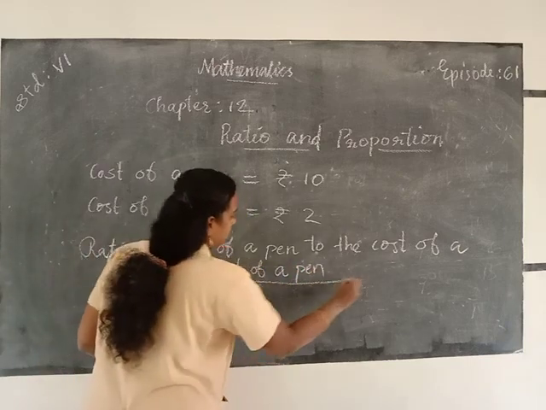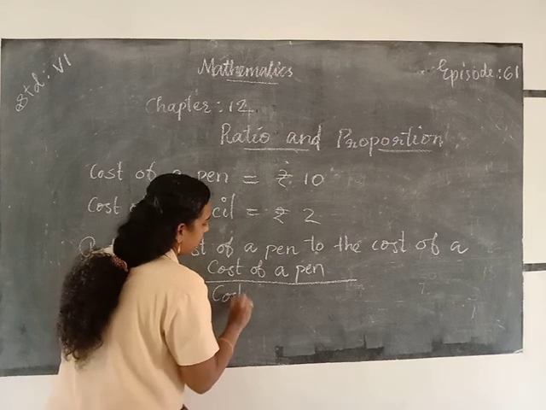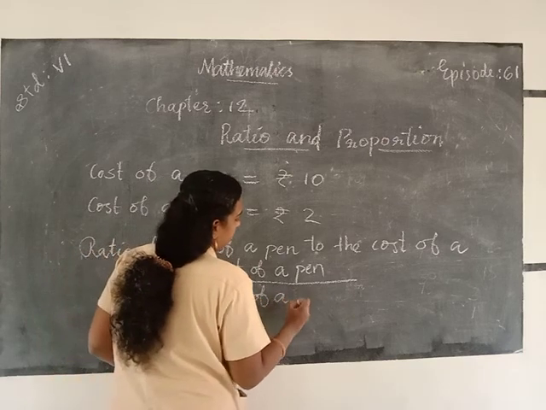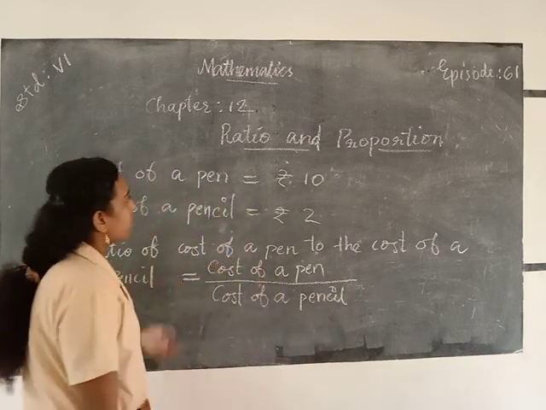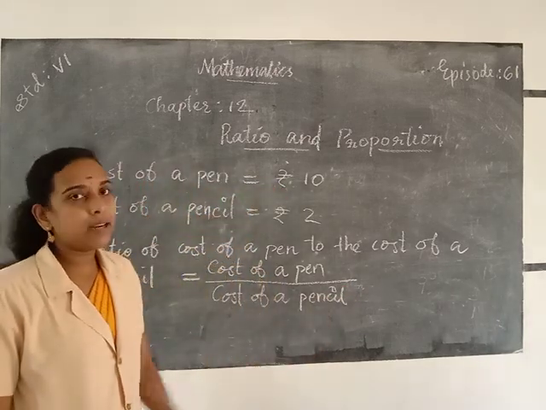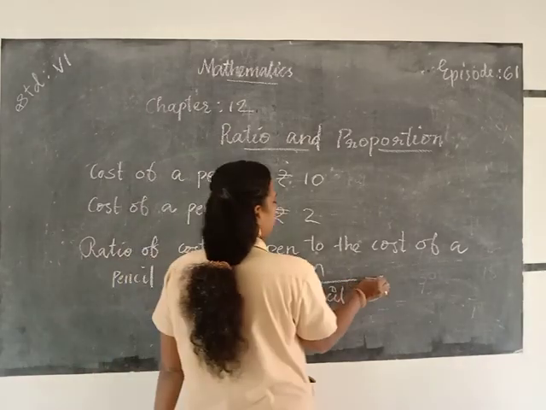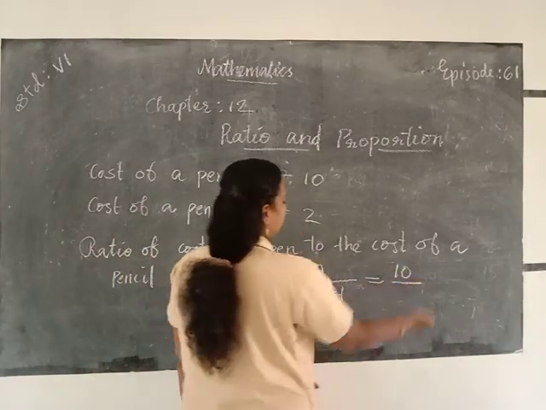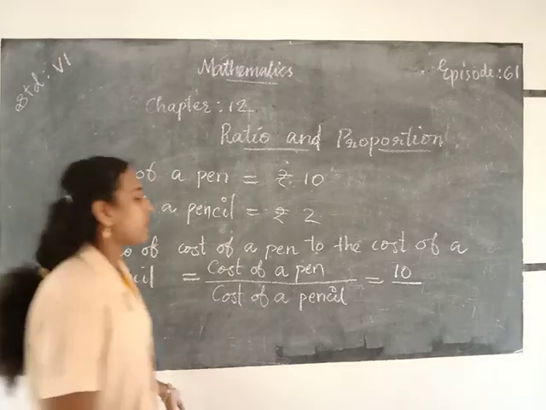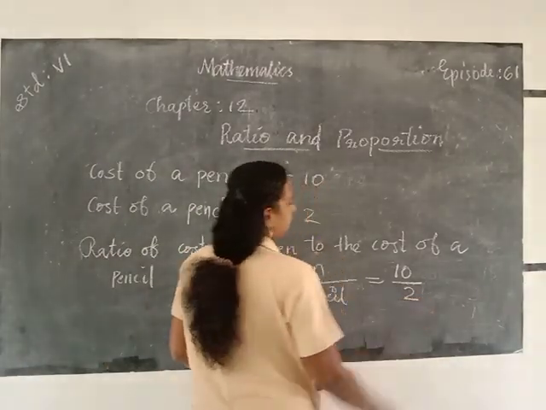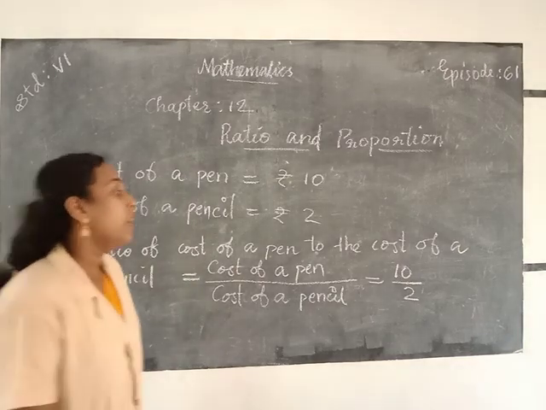Cost of a pen divided by cost of a pencil. Here cost of a pen is equal to 10 rupees. So you write cost of a pen, that's equal to 10, divided by cost of a pencil, that's equal to 2 rupees. So you write 2. So 10 by 2.